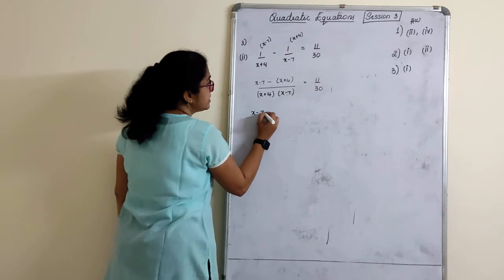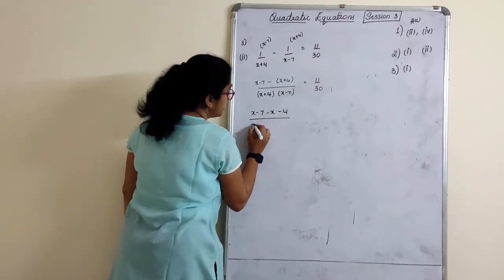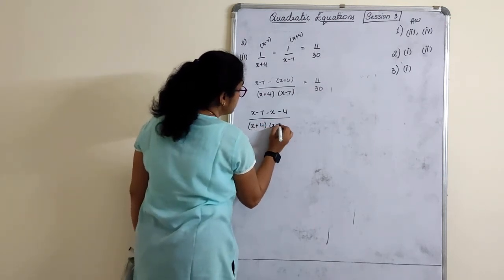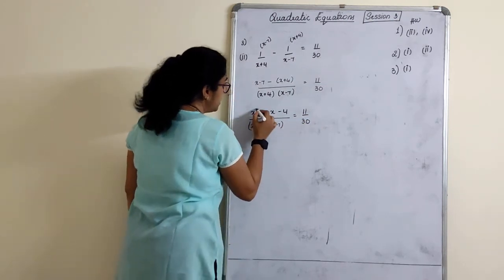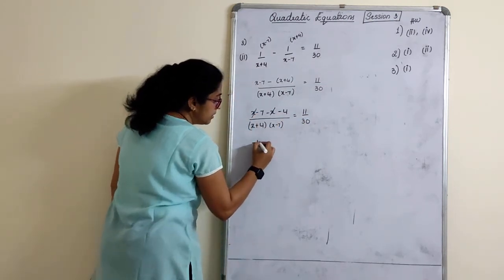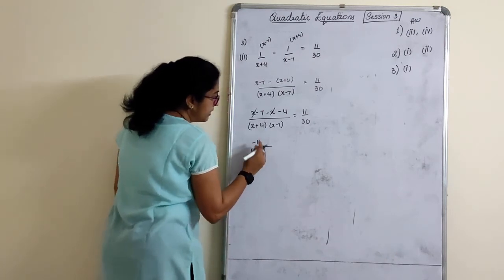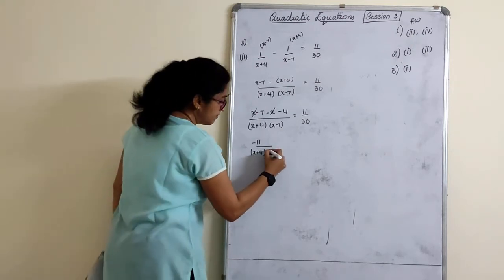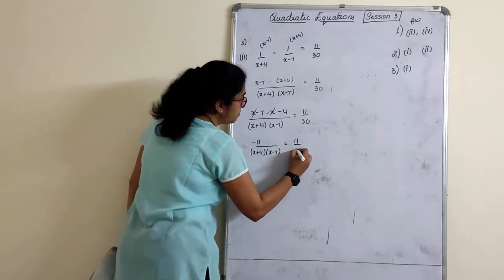So x minus 7 minus x minus 4 divided by x plus 4 of x minus 7 is equal to 11 by 30. x minus x cancel, minus 11 upon x plus 4. You are wondering why am I not multiplying with that? We can multiply now or later, both are same. x minus 7 is equal to 11 by 30.